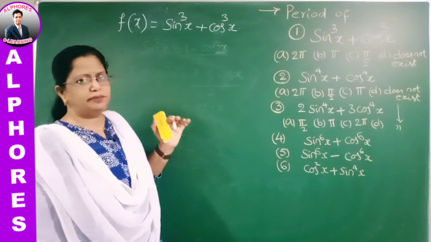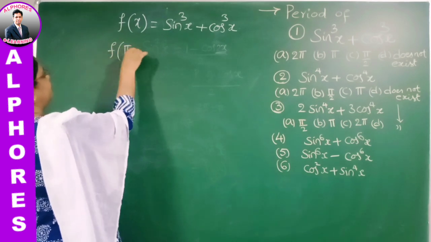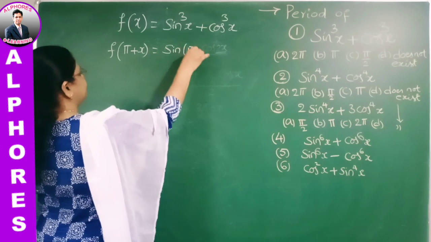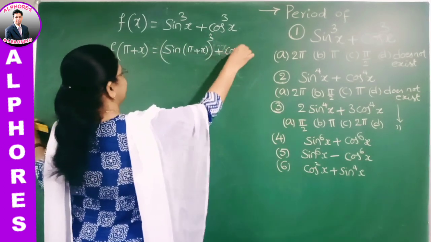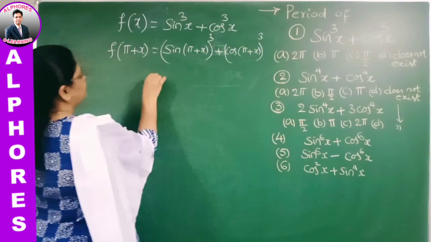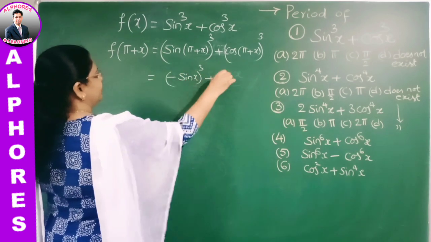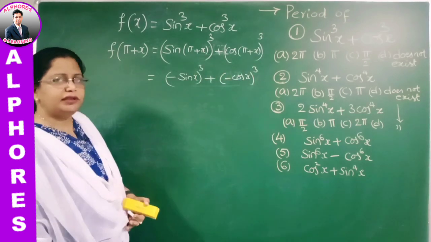But we want to search for the other one, that is pi. So I take f of pi plus x. Therefore this is sin of (pi plus x) whole cube plus cos of (pi plus x) whole cube, and thereby this is equal to (minus sin x) whole cube and (minus cos x) whole cube, because they fall in the third quadrant.